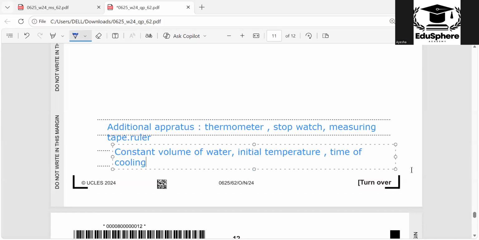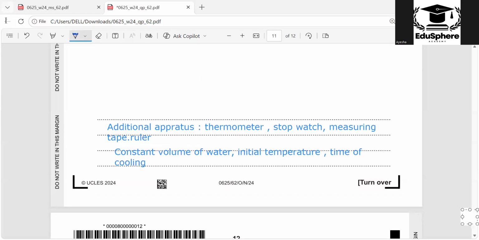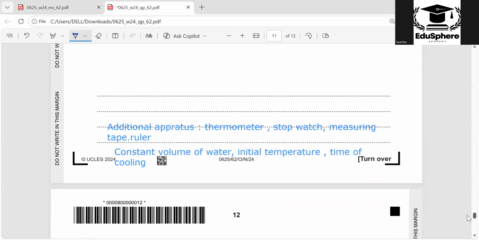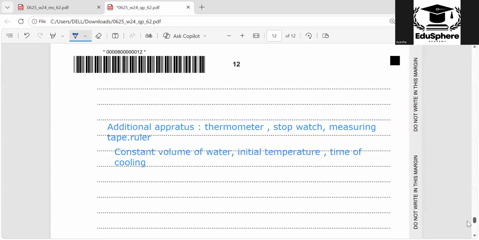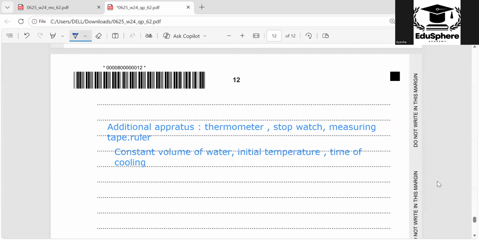And then what we have to write? The method. After that, we have to write down the methodology. So we should take a beaker and fill it.